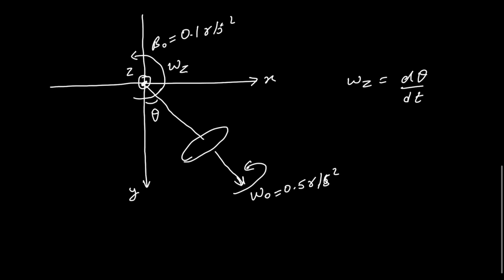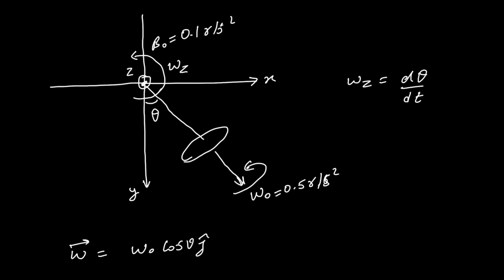Now we can represent this net angular velocity in vector form. As we can see, this angular velocity omega naught can be resolved in the xy plane. When we resolve this omega naught in the xy plane, we will get omega naught cos theta j cap. This is the component of omega naught along the y axis at an instant.